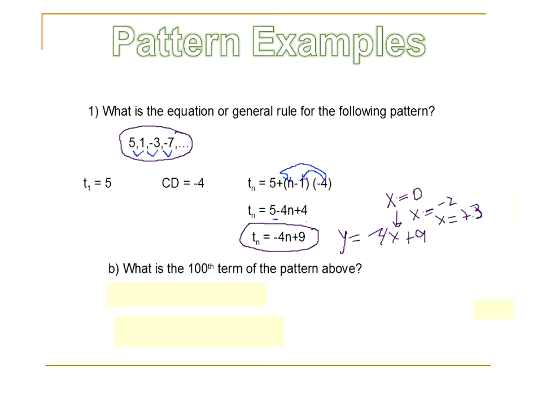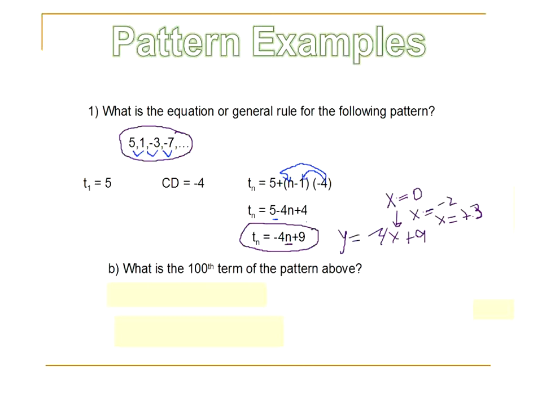I can't say what's the 0th term here, or the negative 2th term, or the 7.3th term. So when we have values starting at 1 and going up by 1, what we usually call that is an n value. So n here can be 1, 2, 3, 4, 5, because it makes sense to talk about the 5th term of the pattern, but not the 5.1th term.